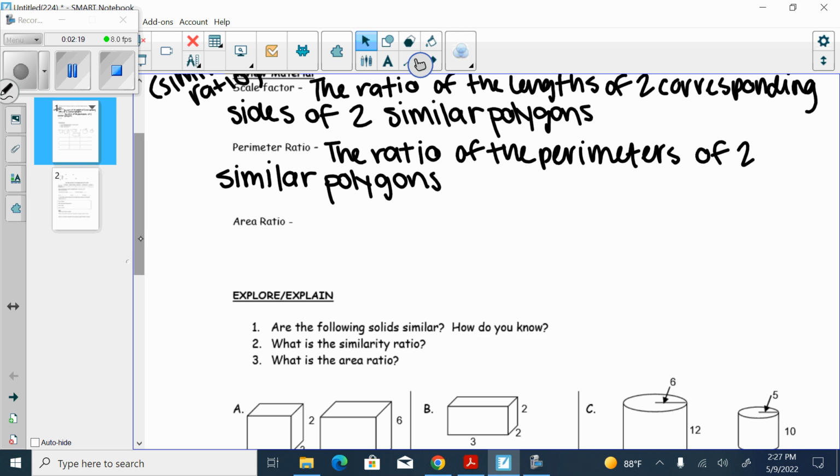And then we have our area ratio, which is the ratio of the areas of two similar polygons.